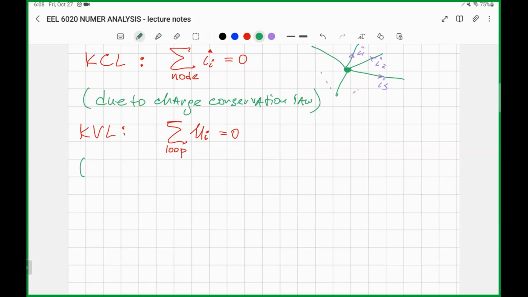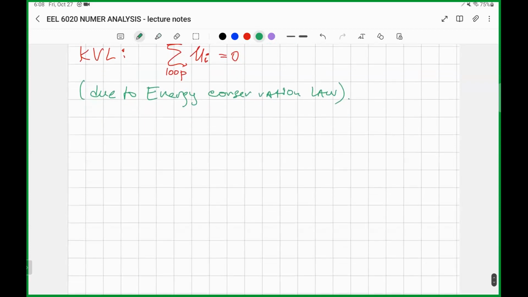Of course, the resistor converts the electric energy to heat, etc., but still it's connected to the energy conservation law. So you can also say that it is due to the energy conservation law.